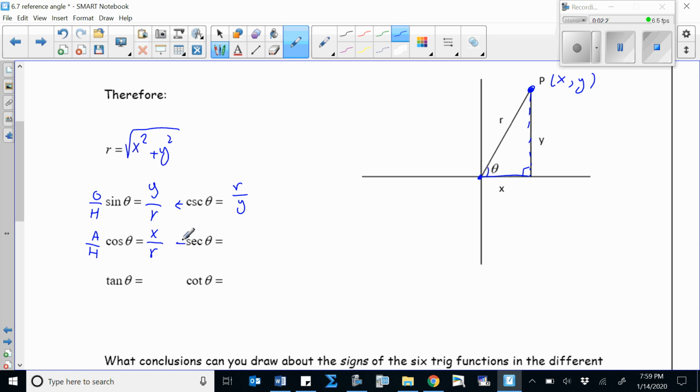And secant is the reciprocal of that, so that will be r over x. Tangent is opposite over adjacent. So this is y, which is my opposite side, over x, which is the adjacent side. And cotangent is the reciprocal of tangent, so this will be x over y.